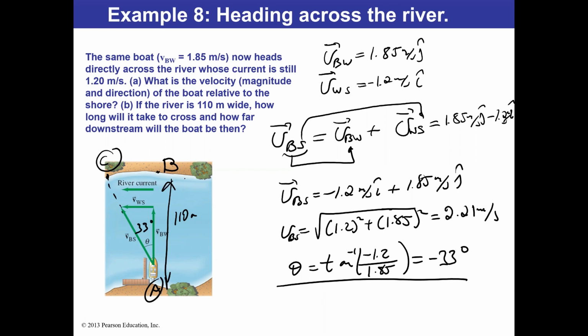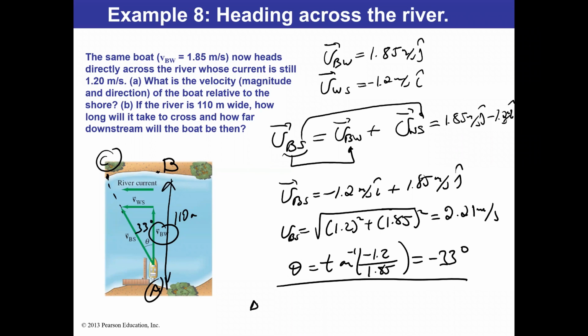So what is the velocity that it has going through that distance? Well, it's the velocity of the boat relative to water, because the 110 meters is the vertical distance, and you need the vertical velocity, which is the J hat velocity, and that's 1.85.